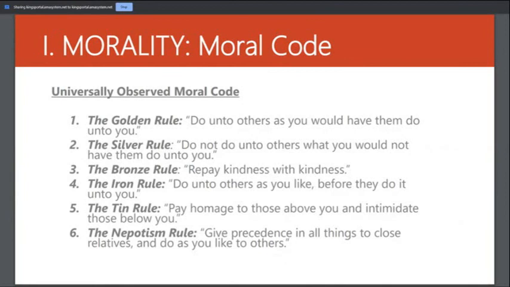We have also the iron rule: do unto others as you like before they do it unto you. The tin rule: pay homage to those above you and intimidate those below you. And we also have the nepotism rule, which is to give precedence in all things to close relatives and do as you like to others.